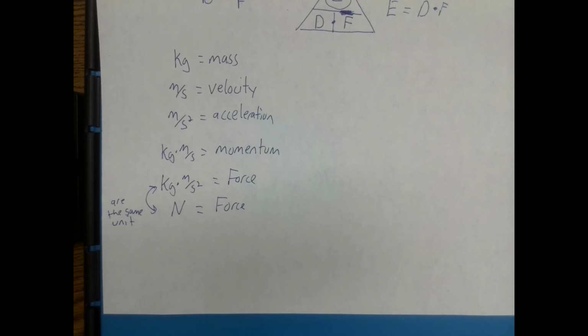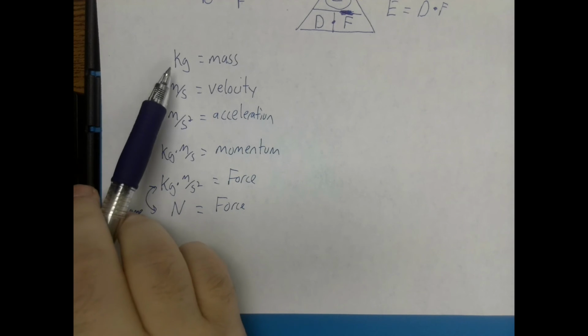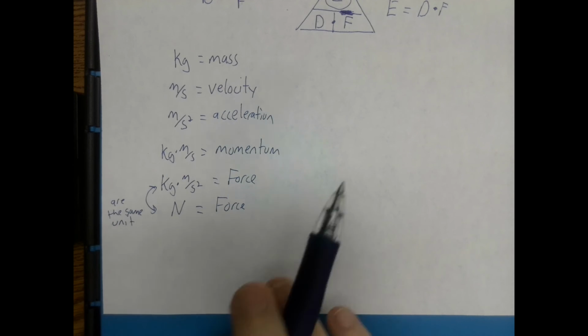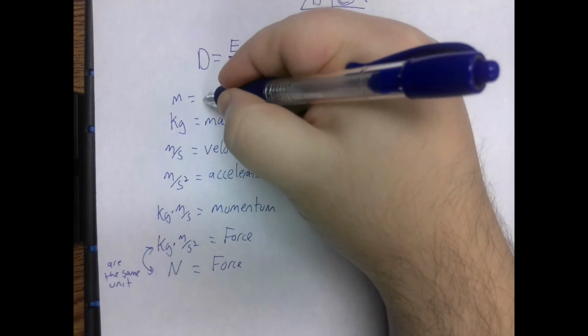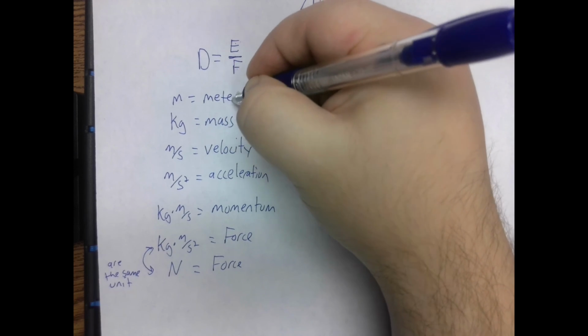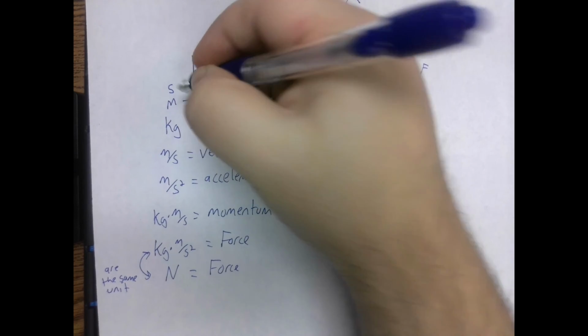So we deal with a lot of units in this class, and they all mean different things. And they're all going to be combinations of kilograms, meters, and seconds. I could also add up here, M is for meter, and S is for seconds.